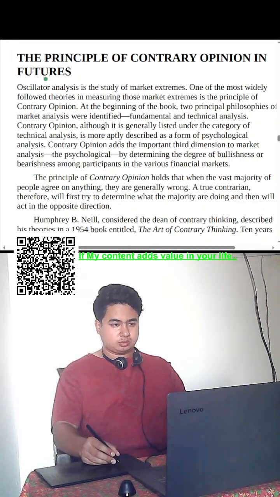The principle of contrary opinion in futures oscillator analysis is the study of market extremes.